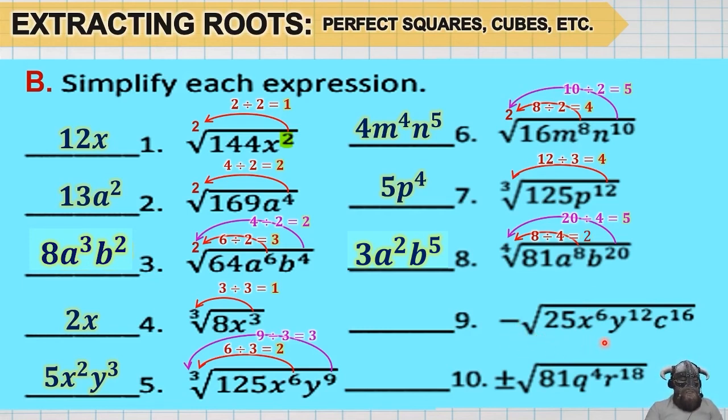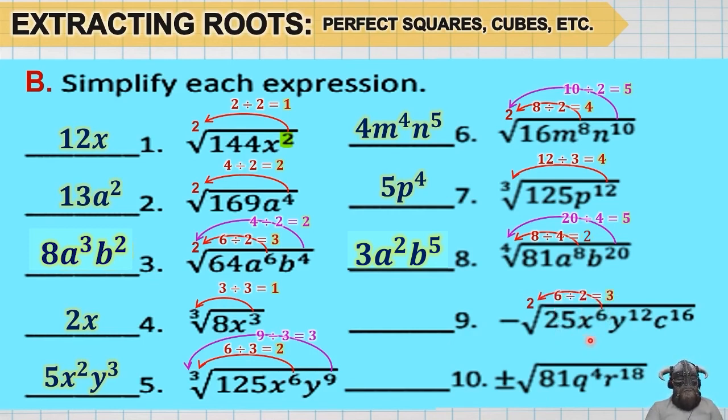Next, on number 9, we are asked to find the negative square root of 25x raised to 6 times y raised to 12 times c raised to 16. So, in this case, kuhain lang muna natin yung square root ni 25 which is 5. And then, para makuha yung square root ng x raised to 6, y raised to 12 at c raised to 16, labas ulit natin yung index, divide natin yung 6 doon para makuha exponent ni x sa ating sagot.